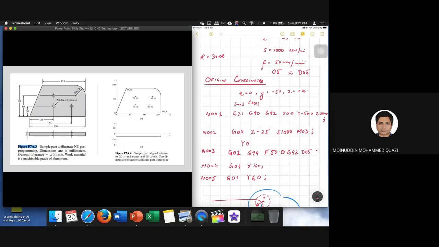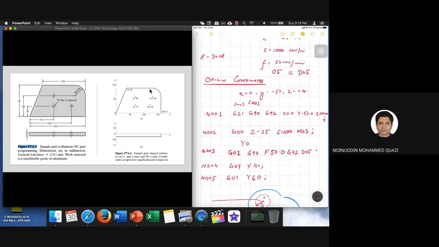And the coordinates where the tool will stop: x equals 130 and y is 90.